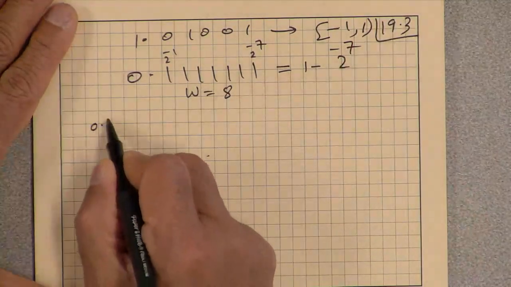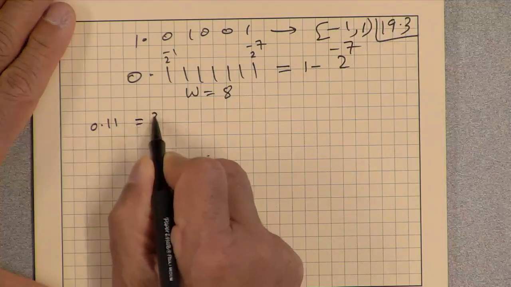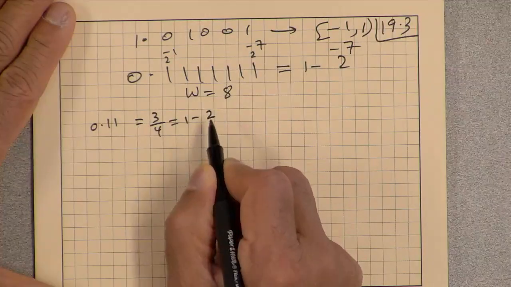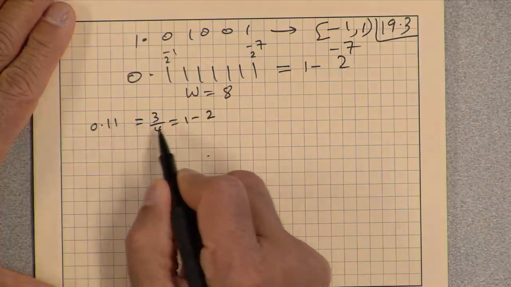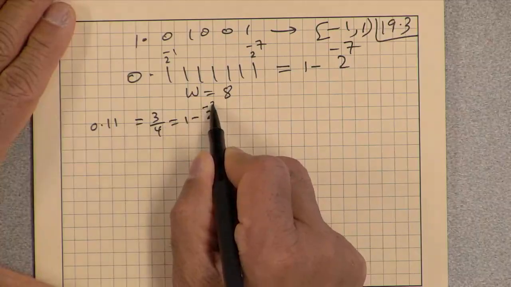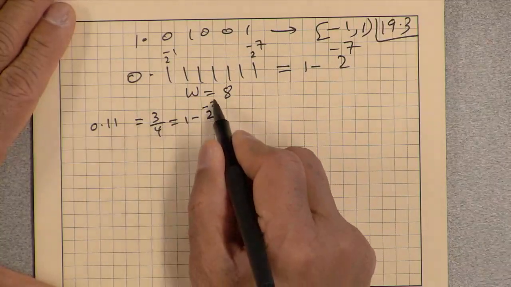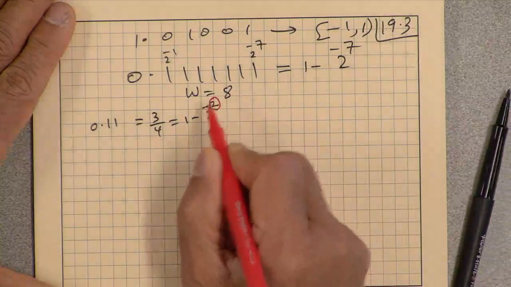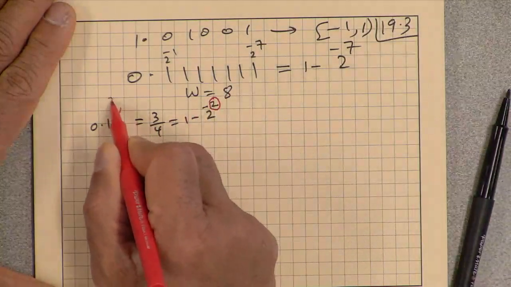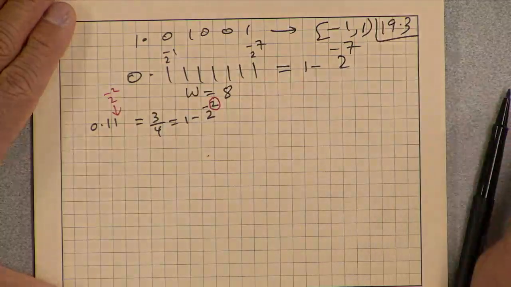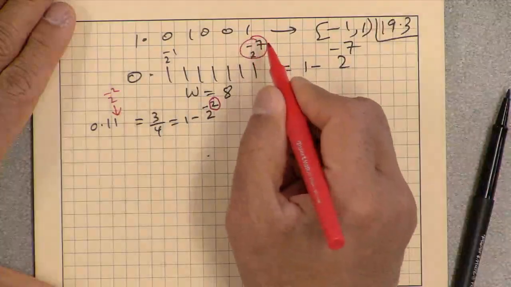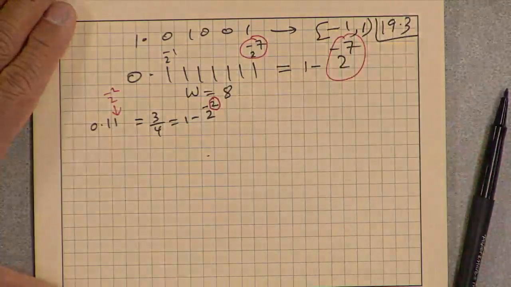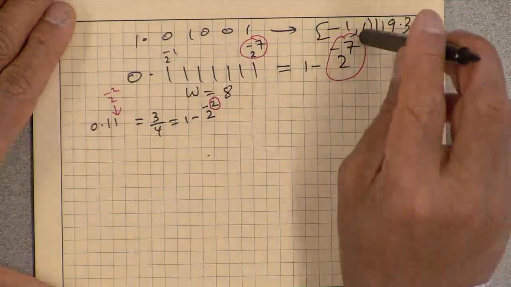If you take 0.11, which is 3/4, that's 1 minus 1 by 4, and that 4 is 2 to the power minus 2. And this 2 is the same weight as that 2. Same way here, this weight 2 to the power minus 7 is the same as 2 to the power minus 7 here. So that's why it is an open bracket.